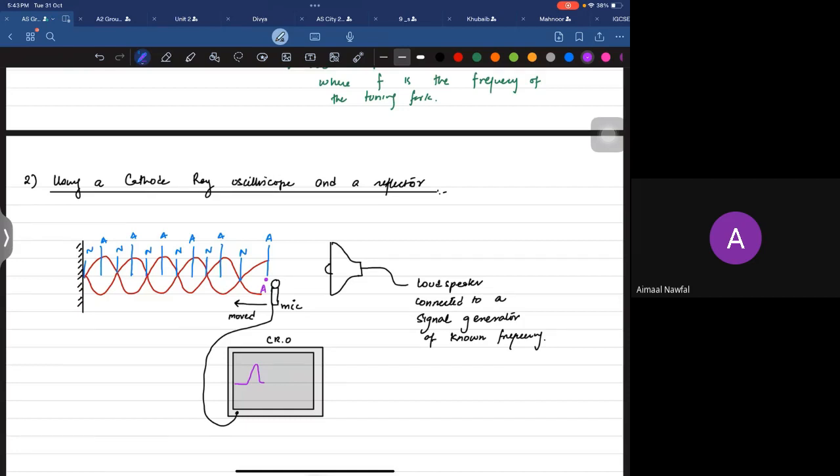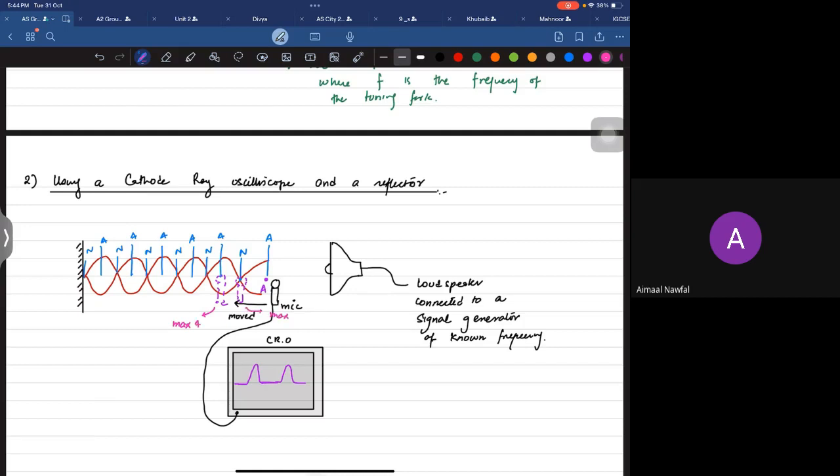So when the mic is made to move here, what will it show? It will show you a zero reading, because now there's no energy. And then when the mic is moved to this point, it is going to show you again the highest reading. Do you get it? Like that. So on the CRO, you will see maximum amplitude here and here.